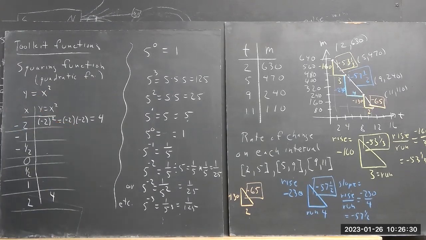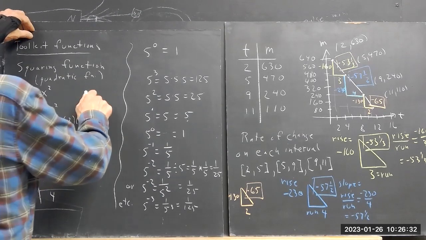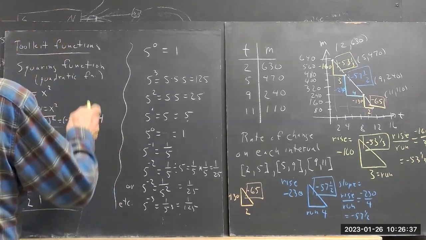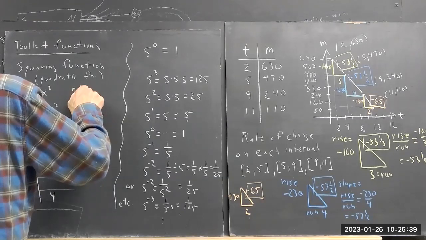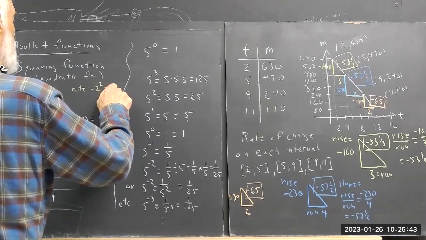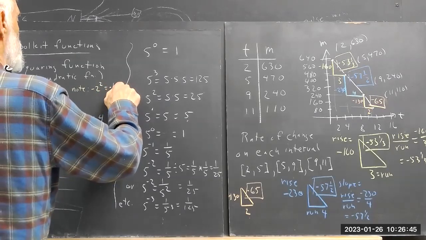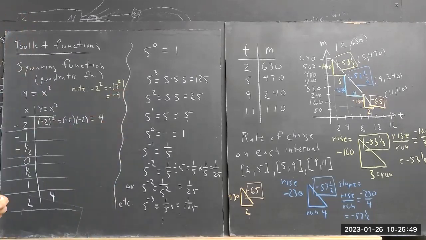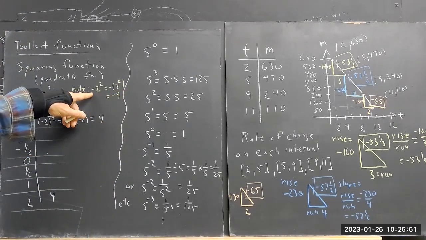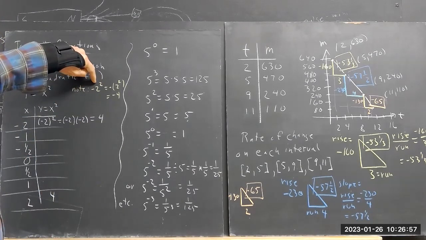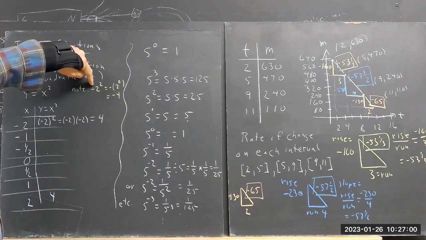I'll also comment at this point that if you write it like this: -2 squared, the order of operations says that you do the exponent to the 2, and you don't do the exponent to the negative.